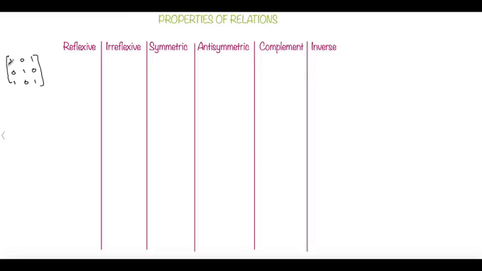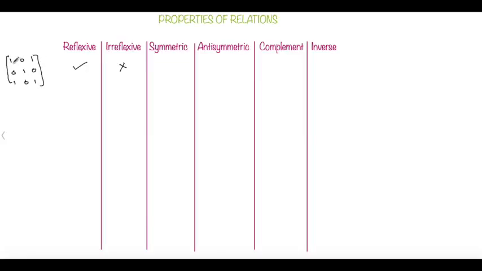Reflexive, are the diagonal elements all 1? Yes, they are 1. Irreflexive, are the diagonal elements all 0? They are not 0. Is the transpose of this equal to itself? Yes, it is.